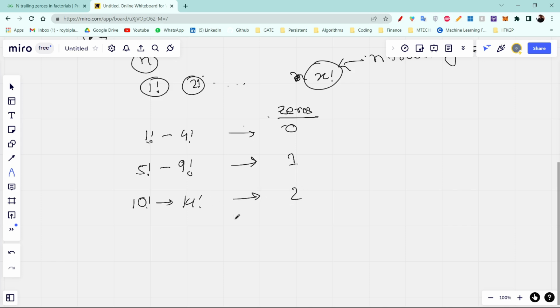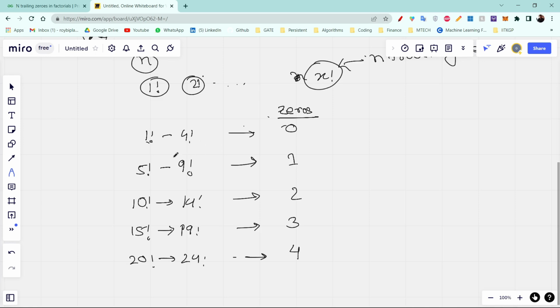So it will have 2 zeros. Now when you have 15 factorial, what will happen? 15 factorial will provide a factor of 5, which will continue till 19 factorial, and it will result in 3 zeros. A 20 will come, and again it will provide 1 more factor of 5, which will result in another 0, so it will be 4.